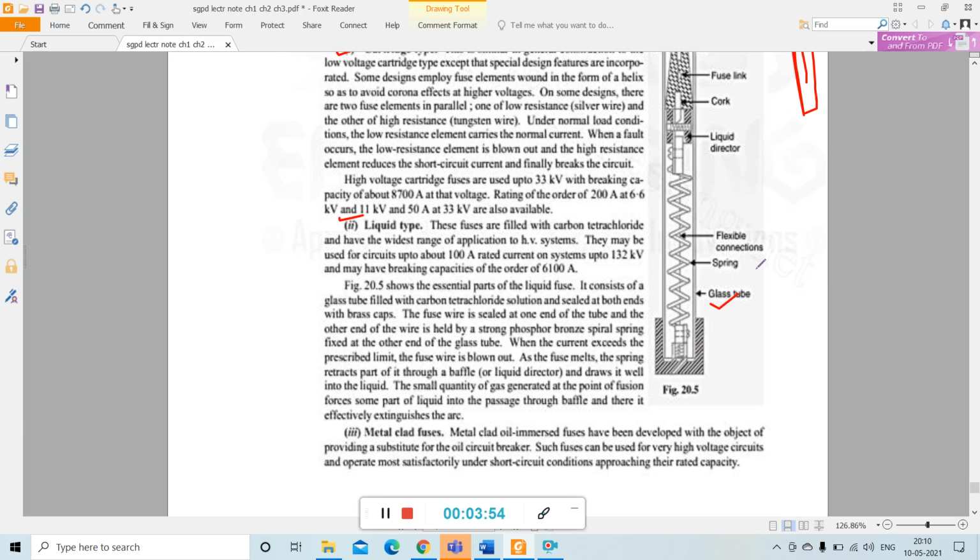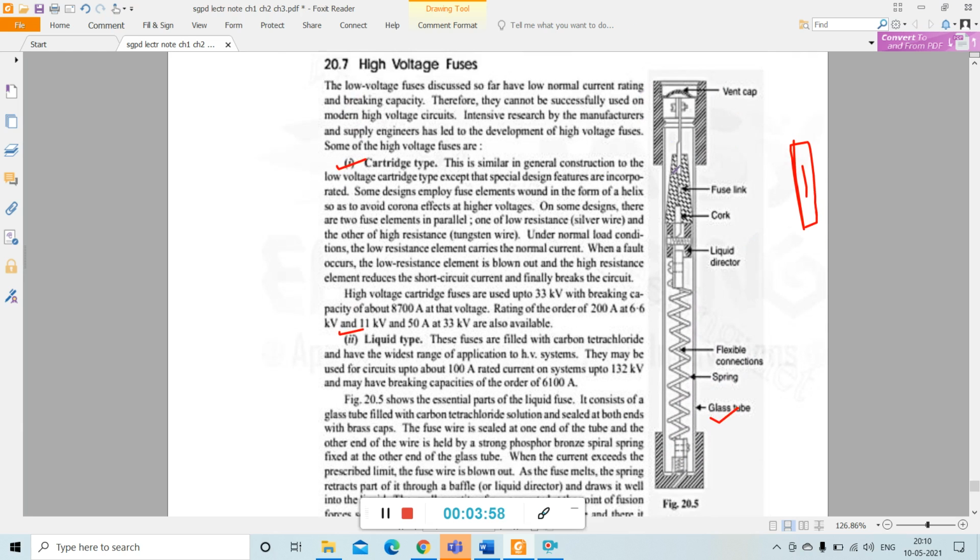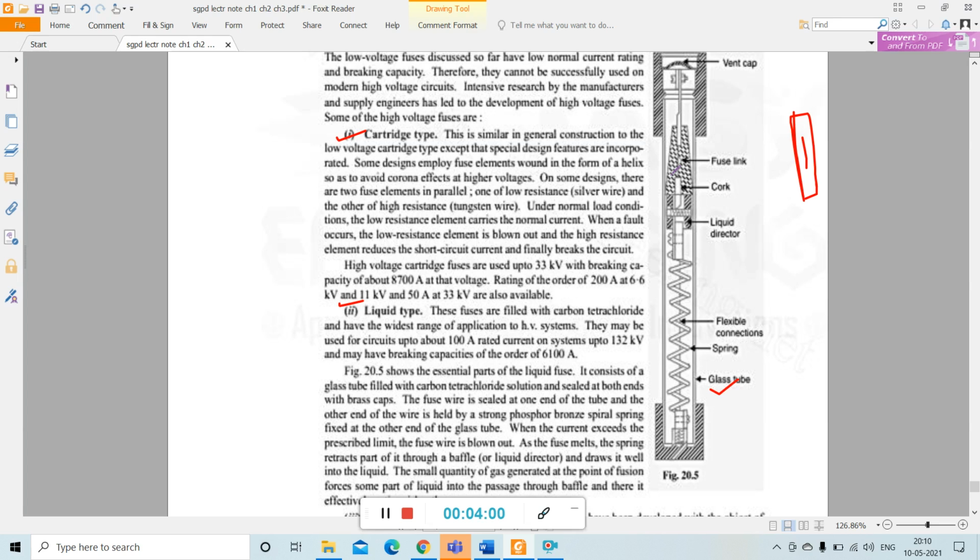At both ends there is a brass cap, and the fuse wire is sealed at one end of the tube, and the other end of the wire is held by a strong phosphor bronze spiral spring fixed at the other end of the glass tube.